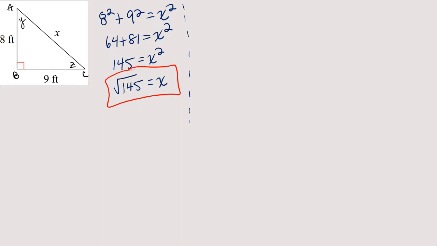Let's start with y. I want to use, again, what I'm given to find angle y, just in case I had made a mistake with x. So let's label how these side lengths relate to it. This 9 feet is opposite, and this 8 feet segment is adjacent. The ratio that uses opposite and adjacent is tangent.